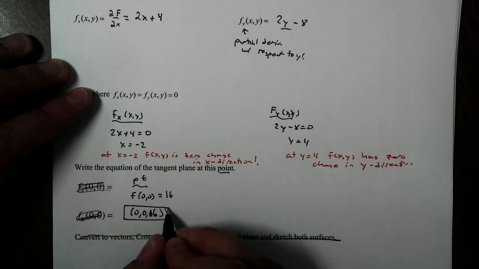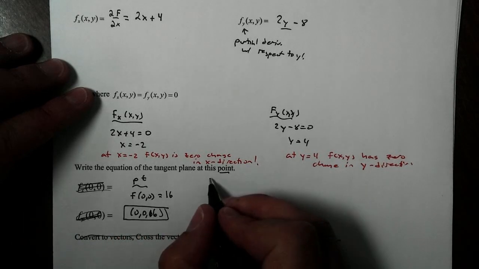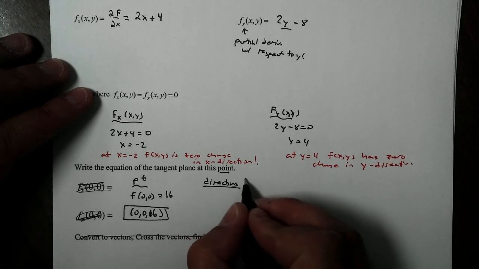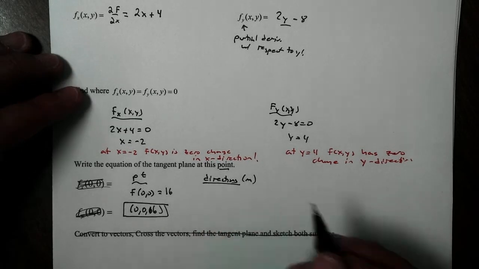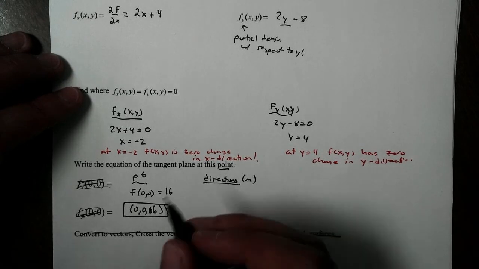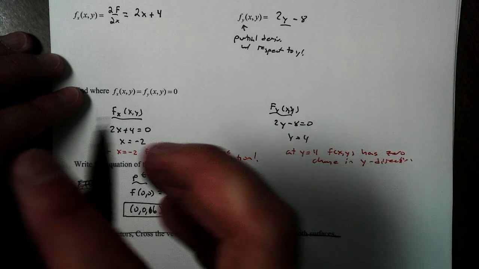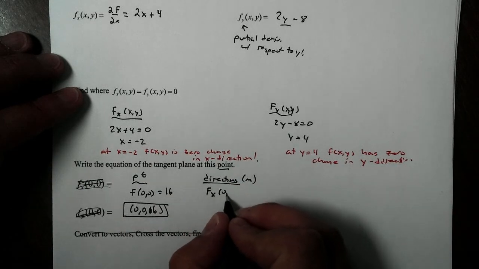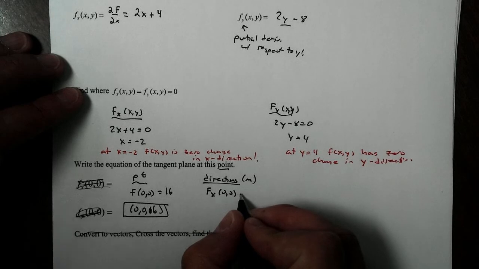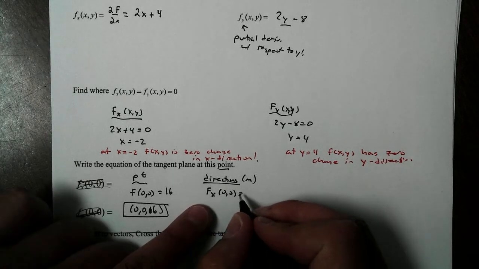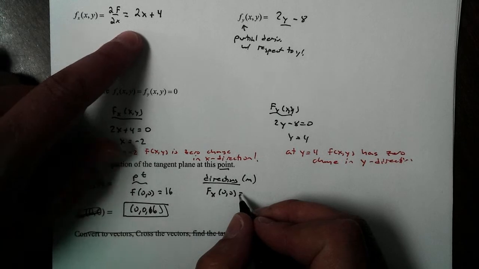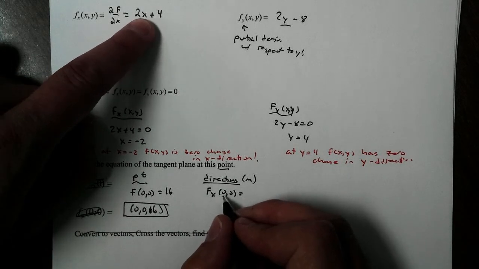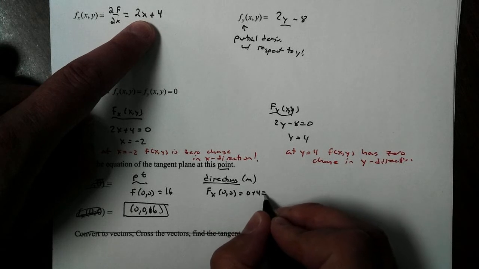So there's our point. Next, we need to find the slope, or our direction vector. Well, how do we get the slope? We need the slope in the x direction and the slope in the y direction. So the slope in the x direction at 0, 0: if I plug x in here, I would get 0 plus 4, which is 4.